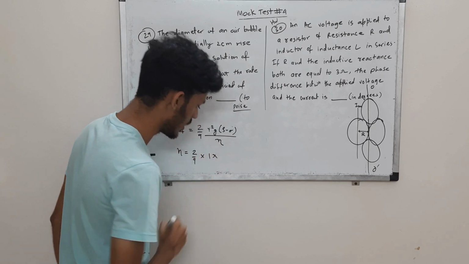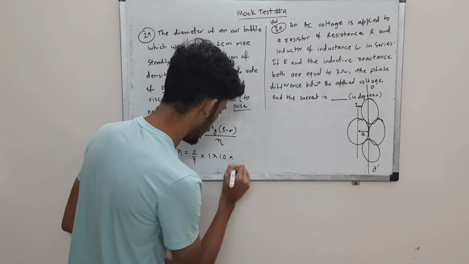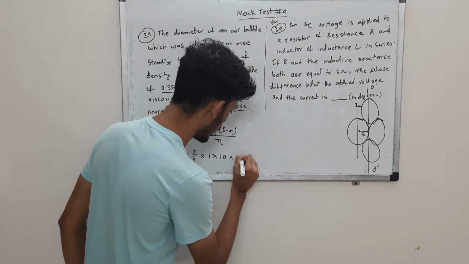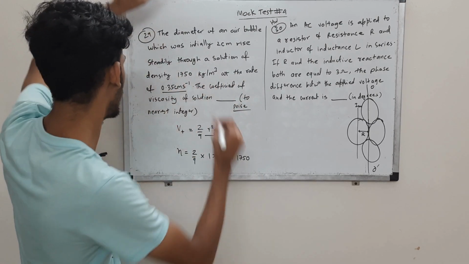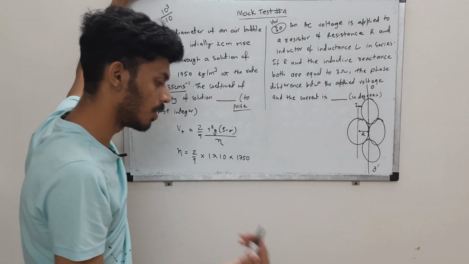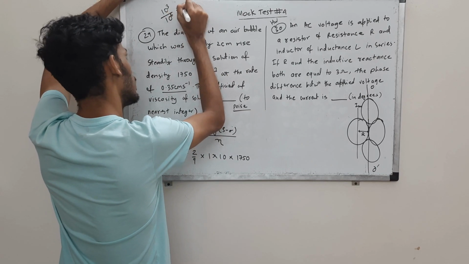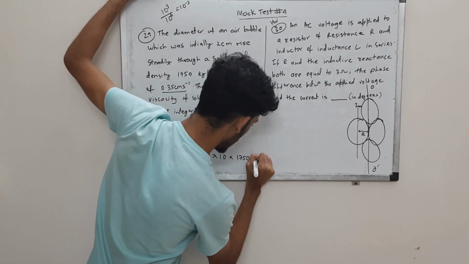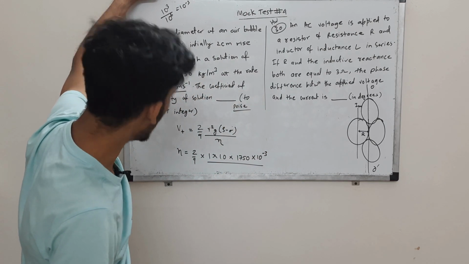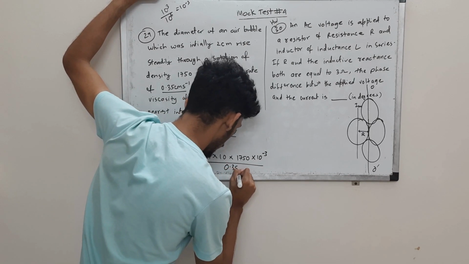We want everything in CGS, so 1 square, which is 1, g we'll keep as 10, and then rho will be the density of the liquid, 1750. Now this is in kg per meter cube, so a kg is 10 to the power 3 grams, and a meter cube is 100 centimeters cubed, right? 1 meter is 100 centimeter, and that to the power 3 is 10 to the power 6. So we'll have effectively 10 to the power minus 3. Finally we divide this by Vt, which is 0.35.